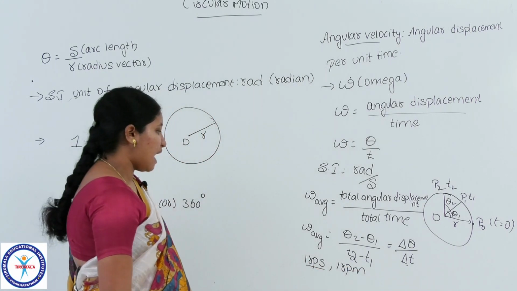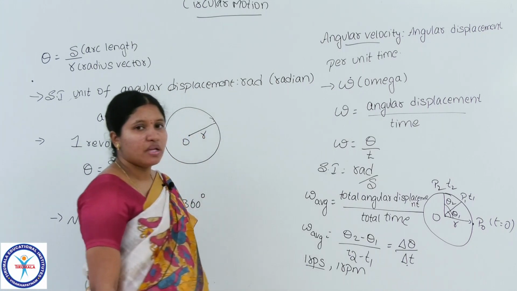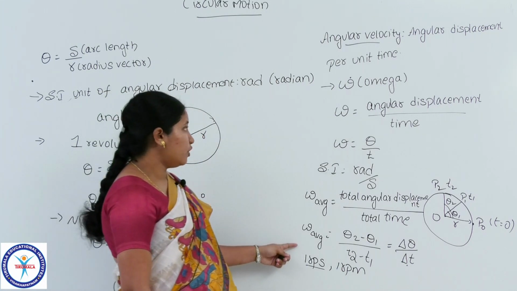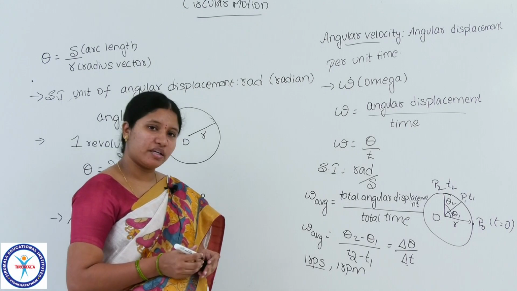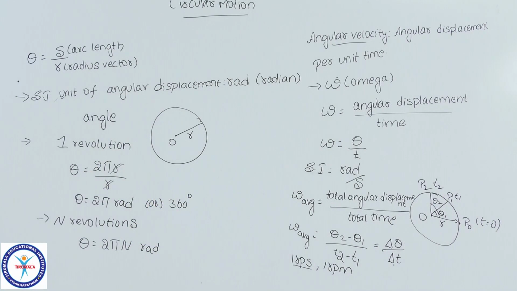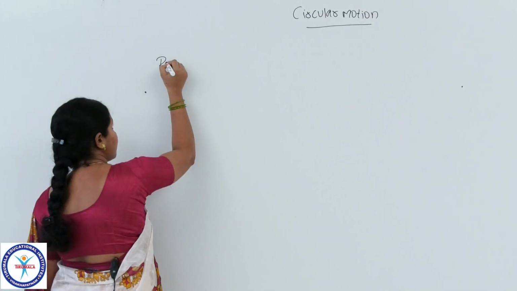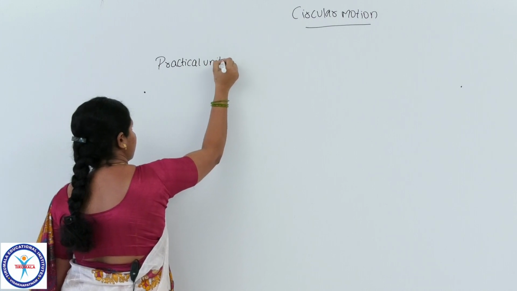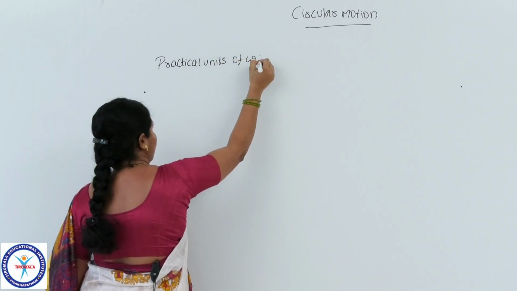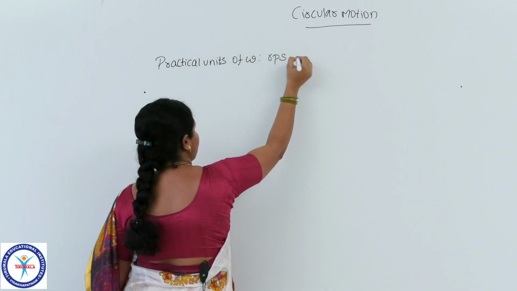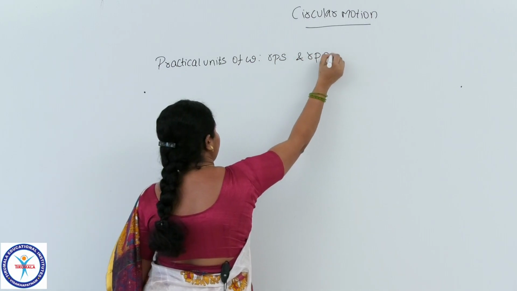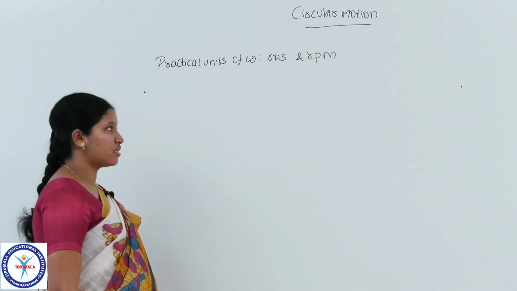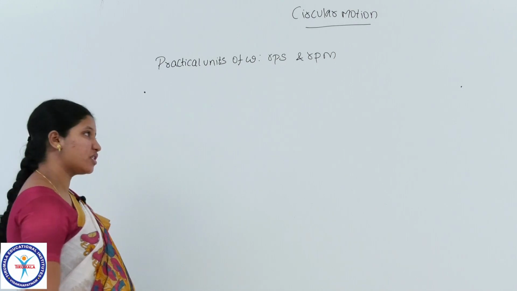So rps and rpm are the practical units used to represent angular velocity.